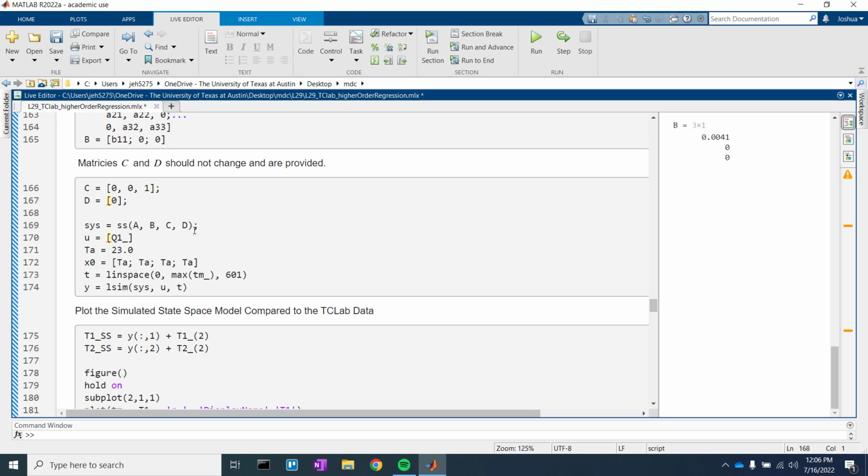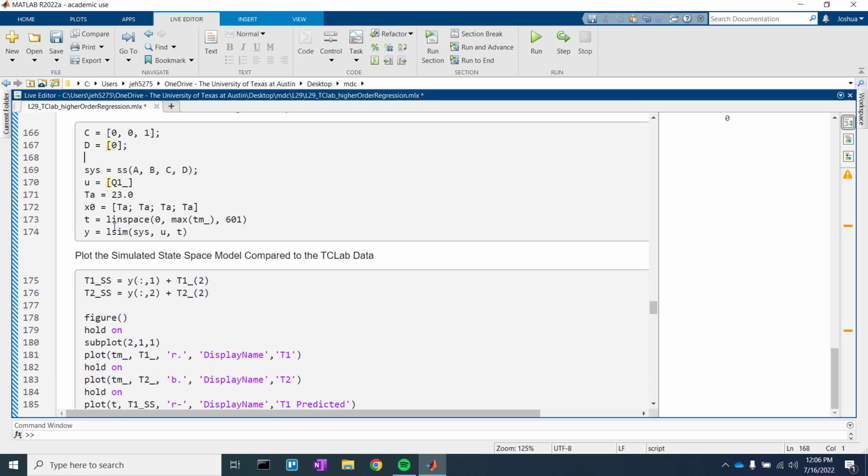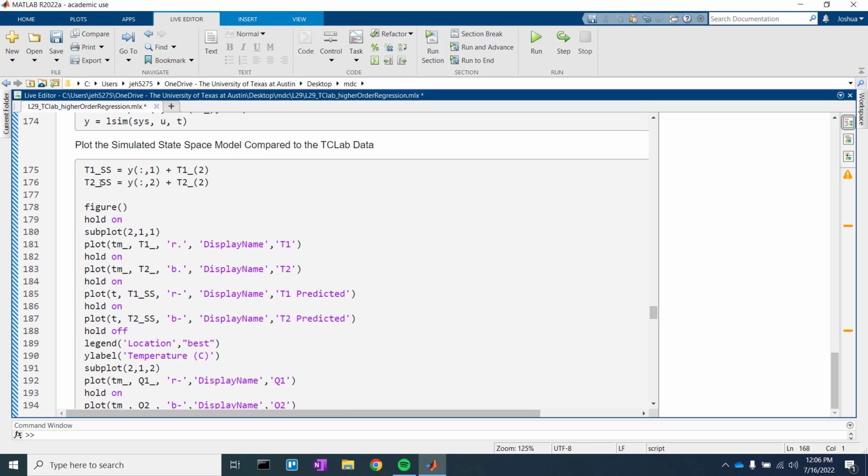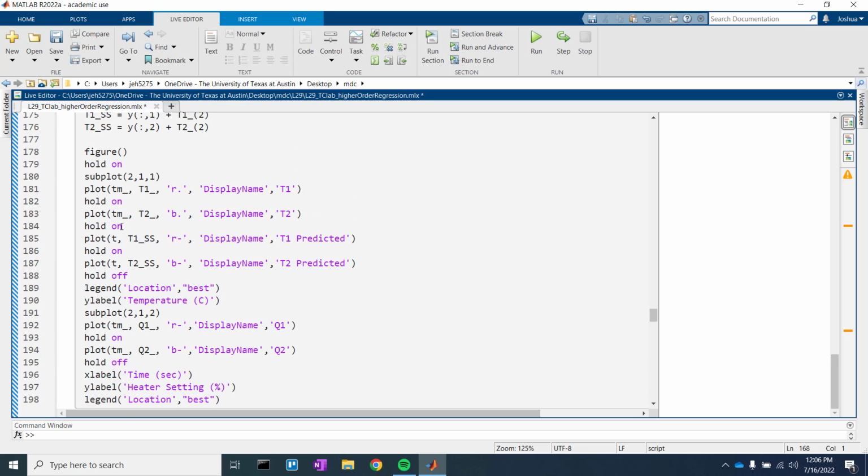We'll create our steady state system with our matrices, give it some initial conditions, and then with this LSIM, we'll simulate our system with the inputs U and time T. Finally, we will plot the state space equations as well as the measured data.